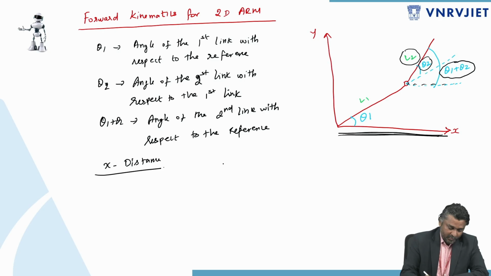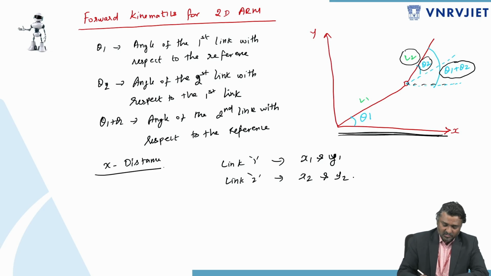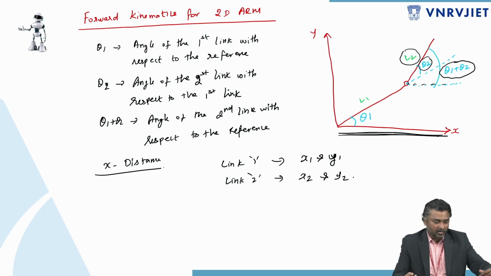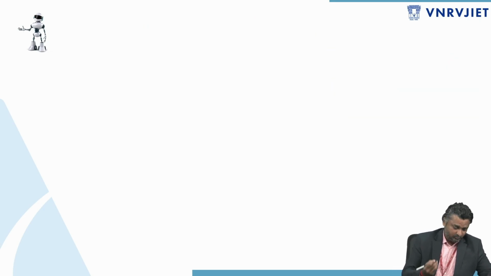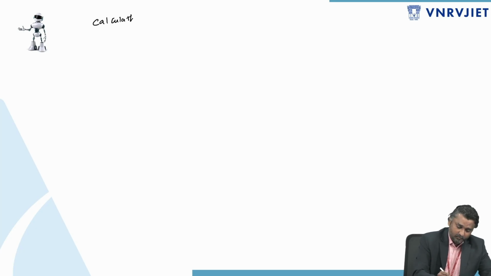I told you that for link 1, x1 and y1 are the x distance and y distance, and for link 2, x2 and y2. Then to calculate the total x and y distance.